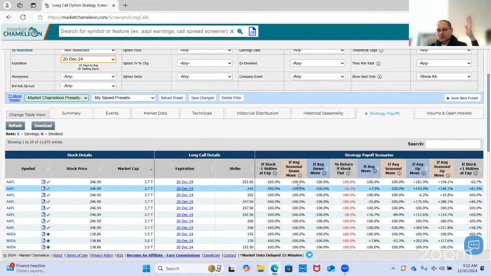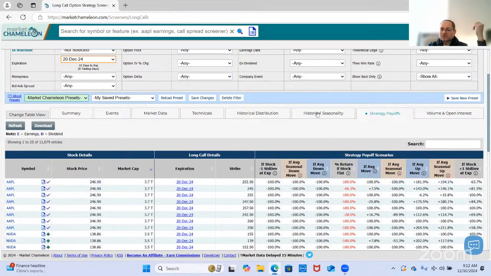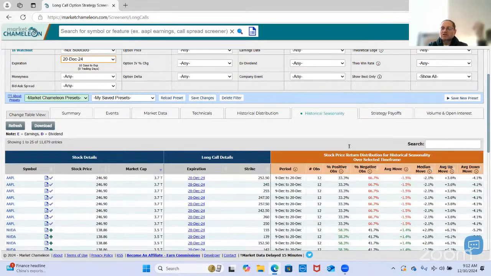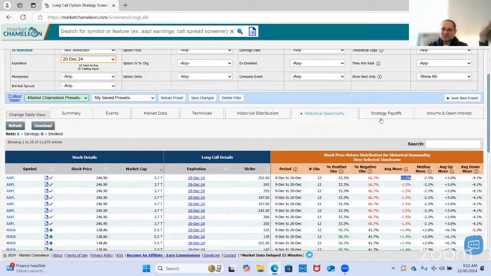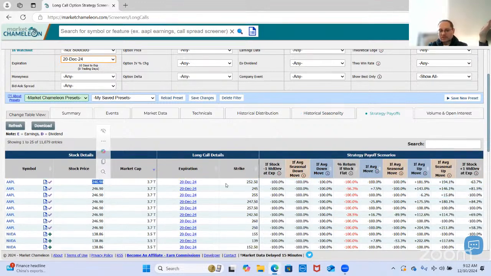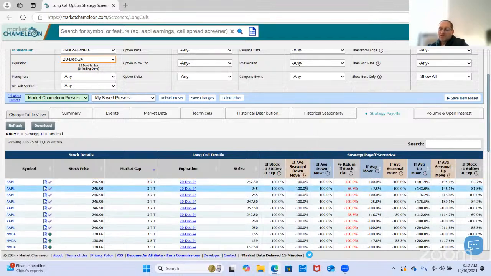That's looking at, like we reviewed yesterday, the calendar period from today's date, let's say December 10th, to the expiration December 20th. So historically, if we looked at the average move, which we can find here under the seasonality tab, on average Apple moves down 1.5% in this period. Well, if it did that, obviously the stock will be lower and below the strike. So again, you lose 100% of your investment.